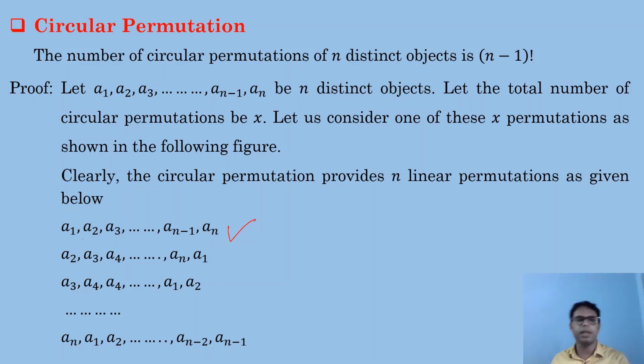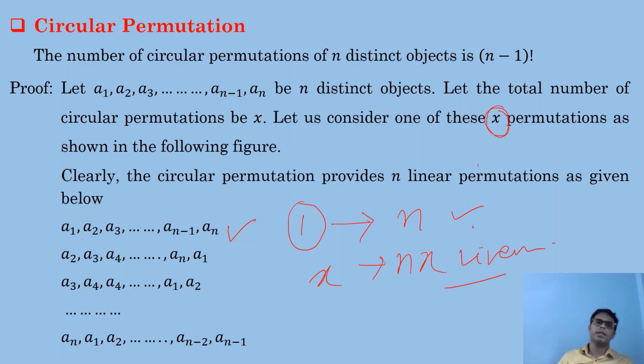And you see here, from a single circular permutation I am getting n linear permutations, but how many circular permutations am I taking? I am taking x circular permutations. So from 1 we have n linear, so from x we will have nx linear permutations.